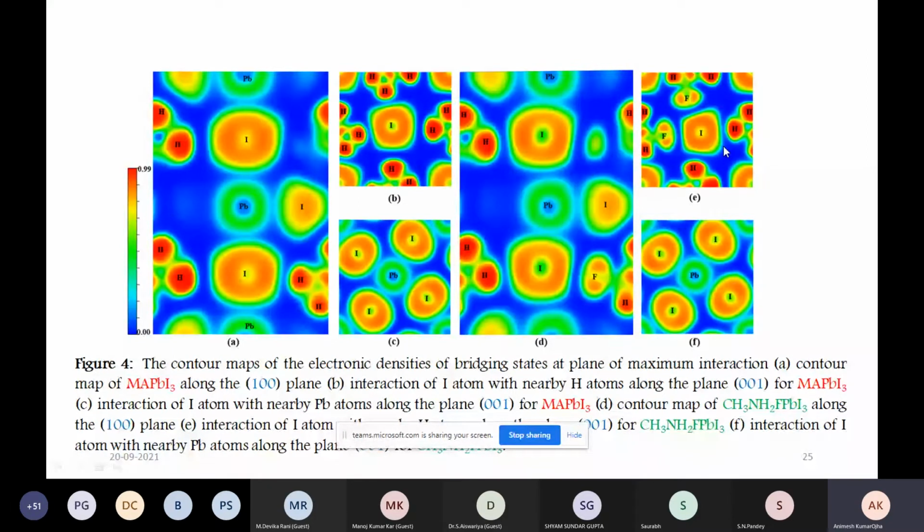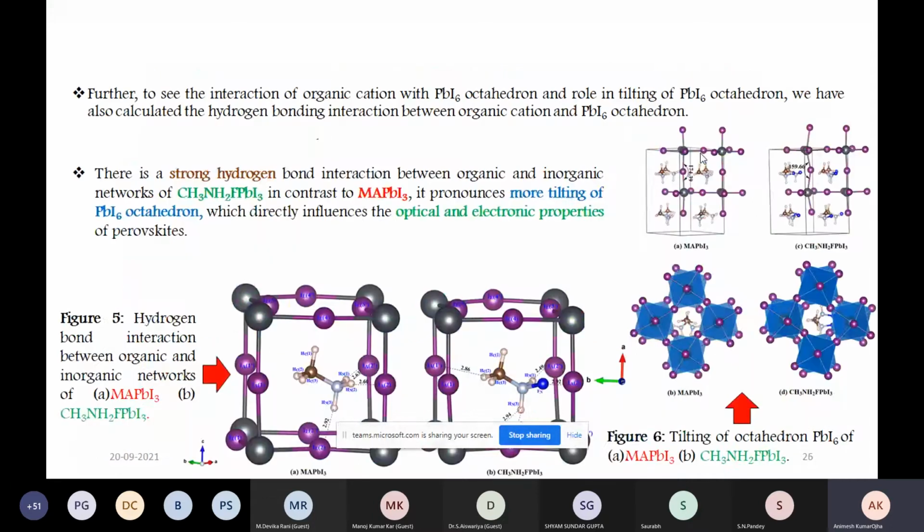So this means that the stability is improved in terms of interaction between organic and inorganic cations in the newly designed perovskite material. This can also be visualized by these structures. In this MAPbI3, the organic cation forms only 3 hydrogen bonds, and they are also weak.